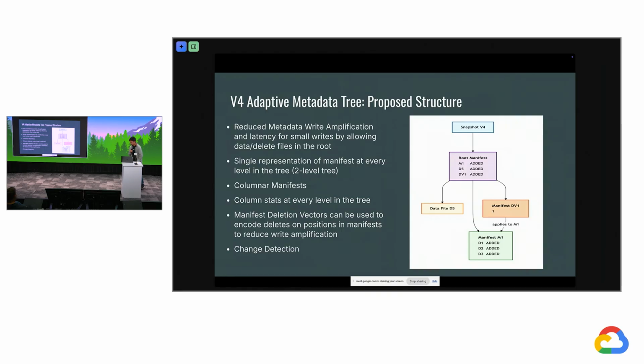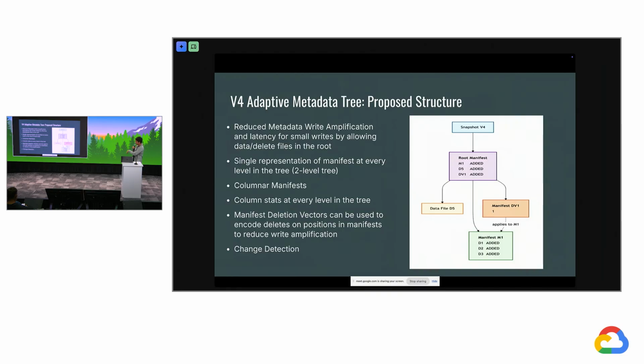Lastly, if we think about downstream systems from writes that happen on these tables, there's a lot of desire to do incremental computations for things like materialized view maintenance, and we could definitely improve the current structure by allowing for efficient change detection.